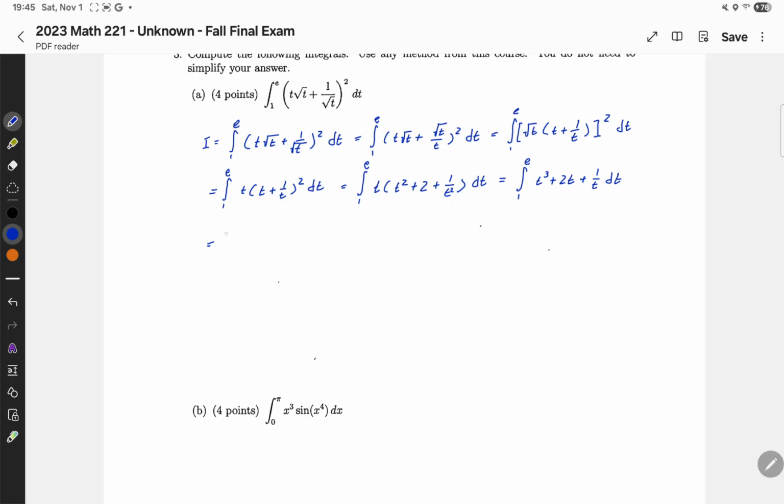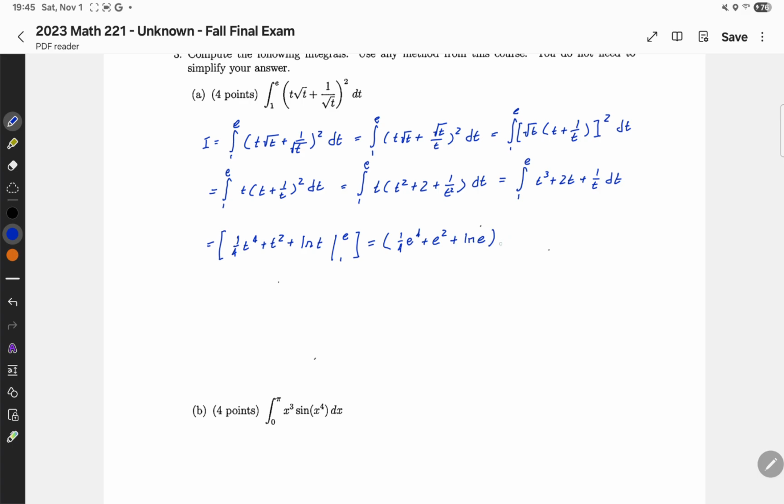And now we're ready to start integrating this. This is going to be equal to, we know that the integral of t cubed is going to be 1/4 t to the 4th by the power rule. 2t is going to be t squared, and 1 over t is going to be natural log of t, just like this. And we're integrating this from 1 to e. This is going to be equal to 1/4 e to the 4th plus e squared plus natural log of e.